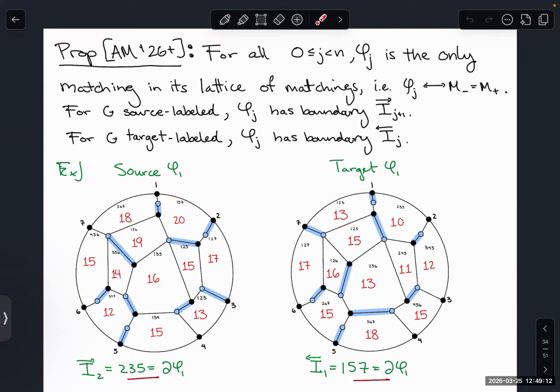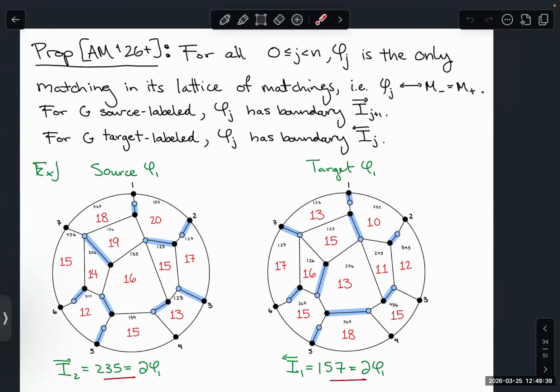So the boundary condition 157 is coming from the source labeling of a face as well, and the boundary condition 235 is coming from the face label 235 on the target labeled graph. So there's a bit of a weird mismatch happening there.